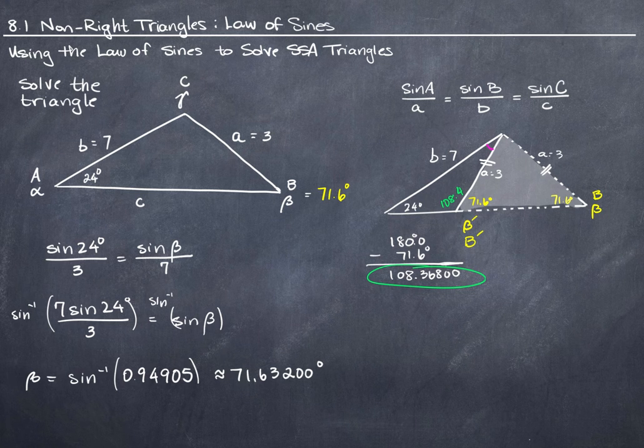This B here is not the same as this B here. B prime is a different angle. In this case, it happens to have the same measurement. But I'm looking at angle B prime as a tool for finding this angle. And up here, I'm going to call this large angle gamma, and this small angle gamma prime. So that's C and C prime.